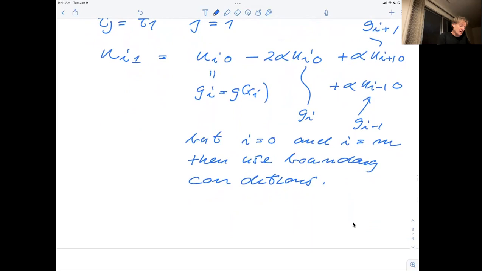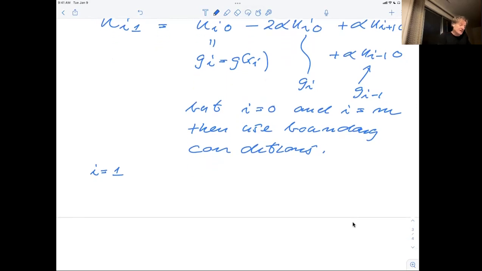If we now start with I equal to 1, keep in mind that for I equal to 0, we know the value, that is given by the boundary condition. And if we look at the value of I equal to n, we also know the boundary conditions. So I'm setting up this equation for the unknown values.